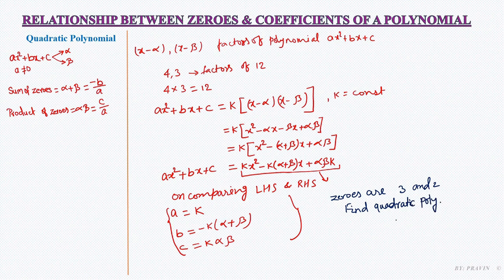So in that case, since here alpha and beta were the zeros, similarly 3 and 2 are zeros of a quadratic polynomial.